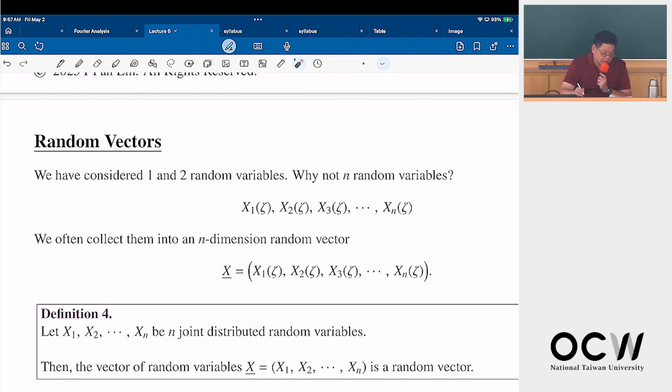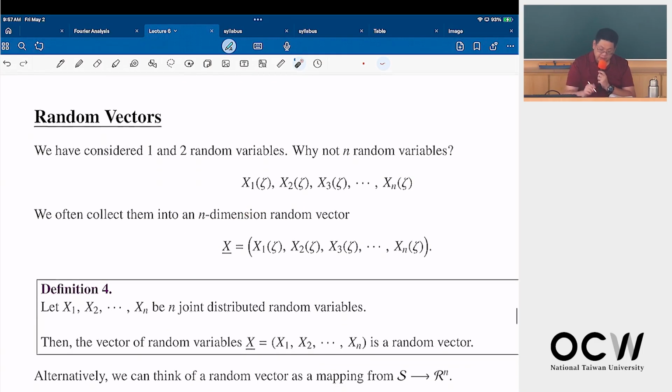So we can think about more than 3 random variables as a random vector. We have n jointly distributed random variables, x1 to xn, and this vector is called a random vector. We map the random vector from our sample space to R to the n.